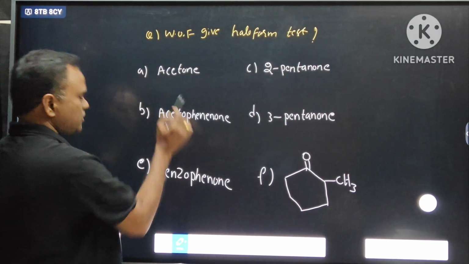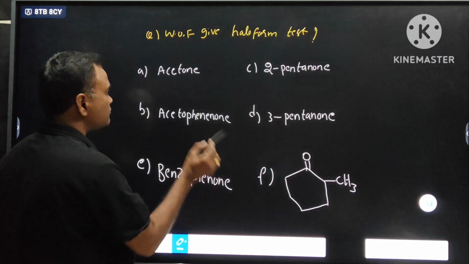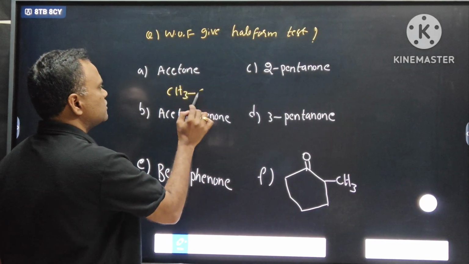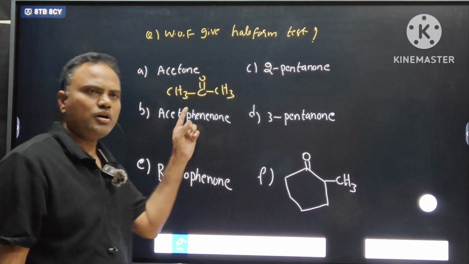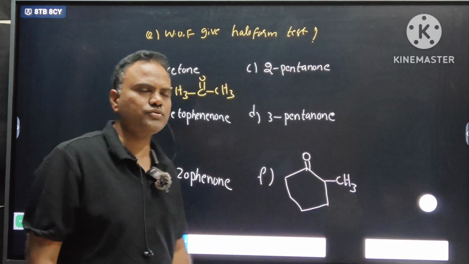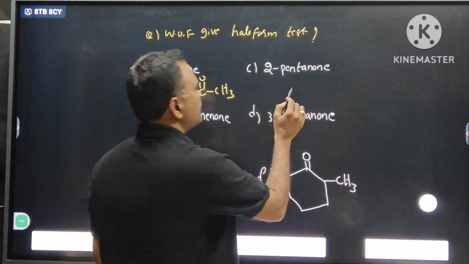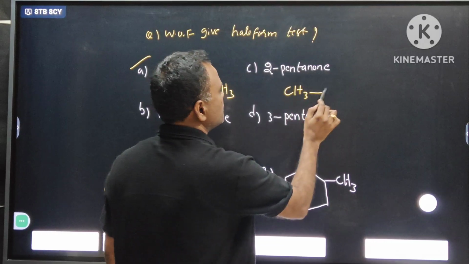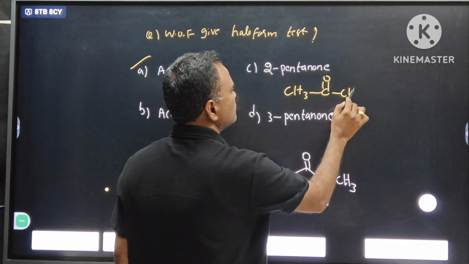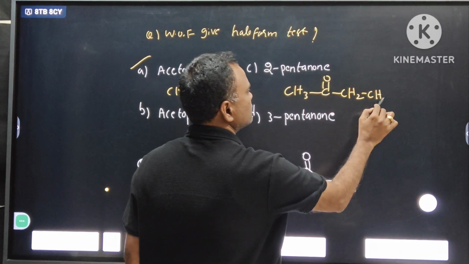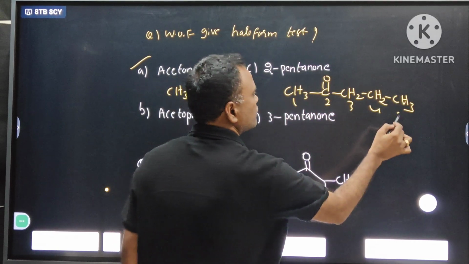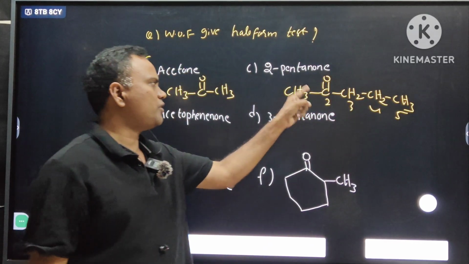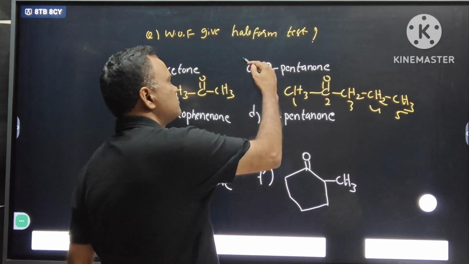See, acetone structure: CH3, C double bond O, CH3. It is having alpha methyls, 2 alpha methyls. Yes. 2-pentanone: second position C double bond O. Yes, 1, 2, 3, 4, 5, 2-pentanone. This is alpha position.